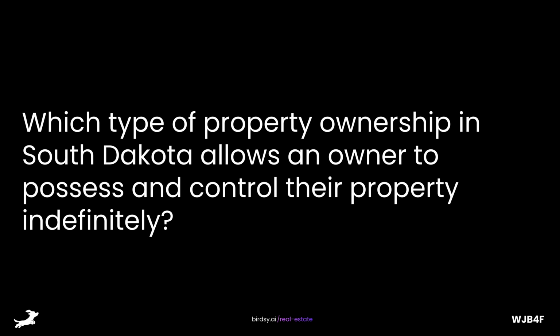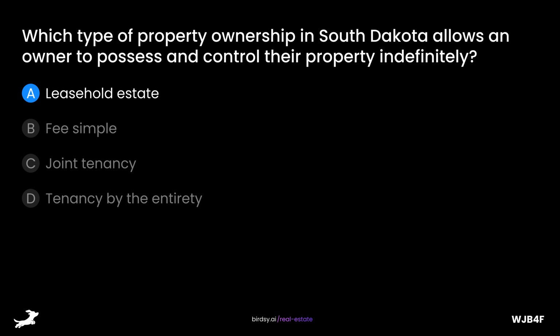Which type of property ownership in South Dakota allows an owner to possess and control their property indefinitely? Is it A, leasehold estate, B, fee simple, C, joint tenancy, or D, tenancy by the entirety? The answer is B, fee simple.